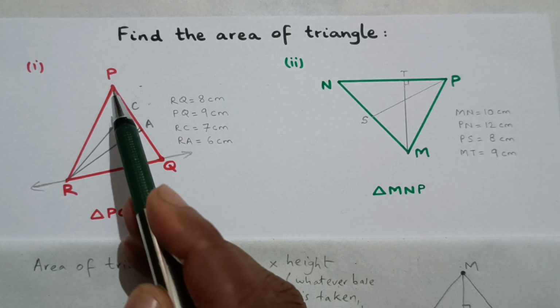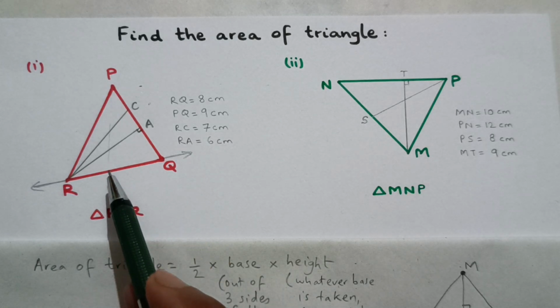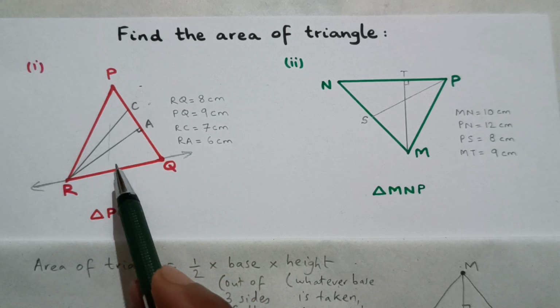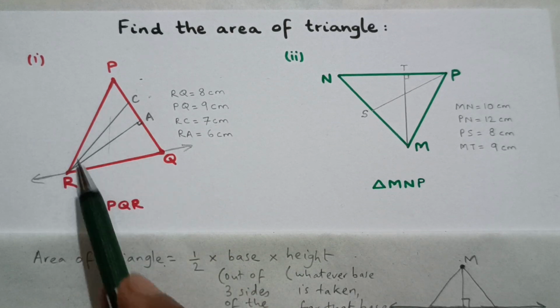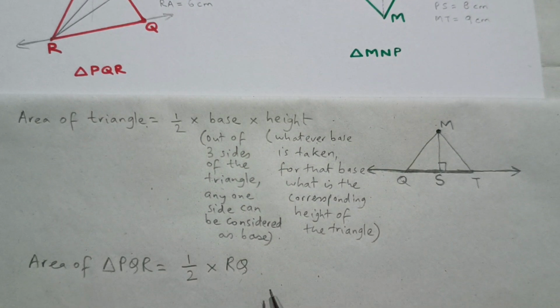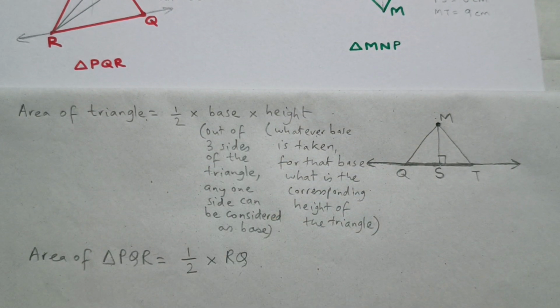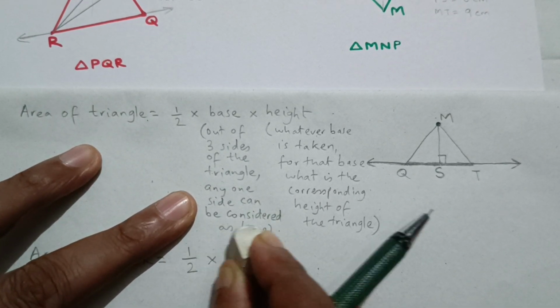Its height will be the line segment from P such that it will meet RQ at 90 degrees, but that line segment is not given in this diagram. So I can't take RQ as the base.